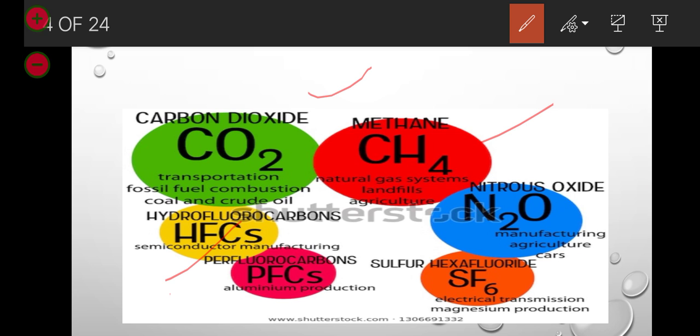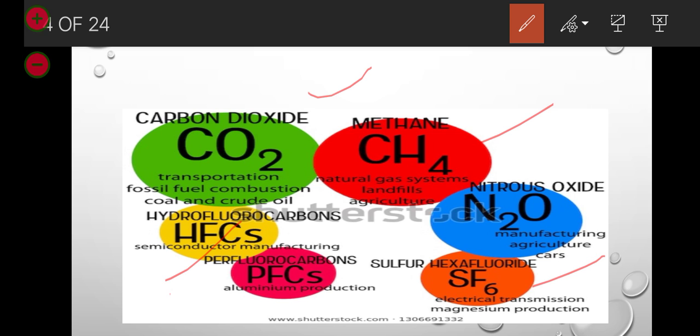Next, hydrofluorocarbons: semiconductor manufacturing is the source of these gases. PFCs: aluminum production and propellants. Sulfur hexafluoride: electrical transmission and magnesium production.